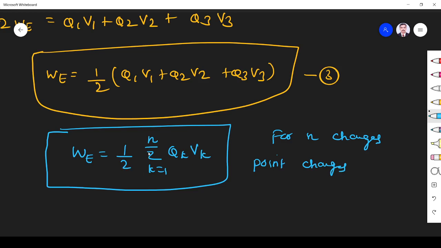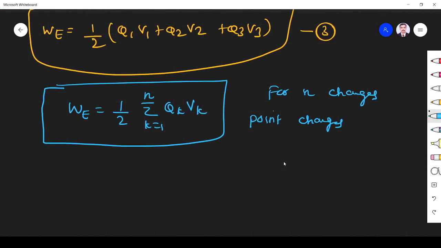Similarly, if we have a continuous charge distribution, that means rho L, rho S, rho V, then WE becomes 1 by 2 summation, and for a continuous distribution it will become an integral. So the charge is rho L dl, and V is V only. It is for line charge, the work done.